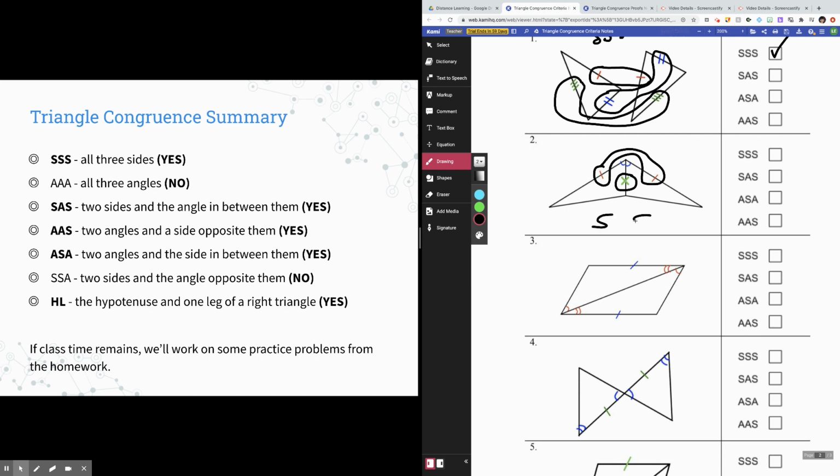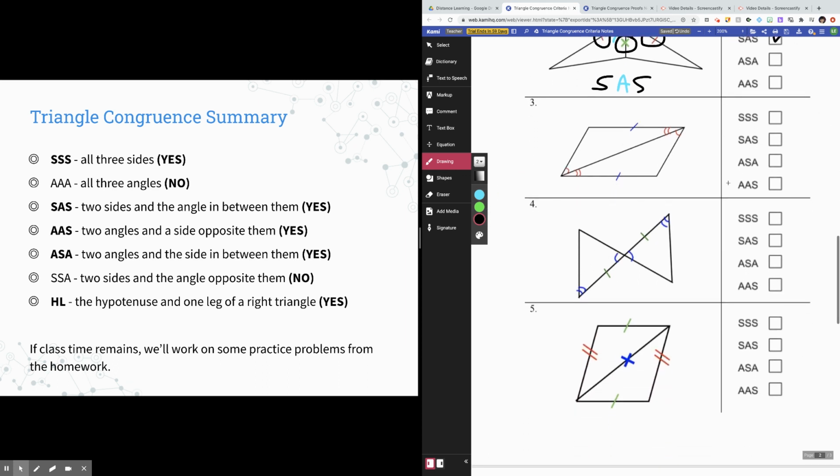So I have 2 sides here and an angle that is trapped between them. So this is side, angle, side would be my identification here, okay?